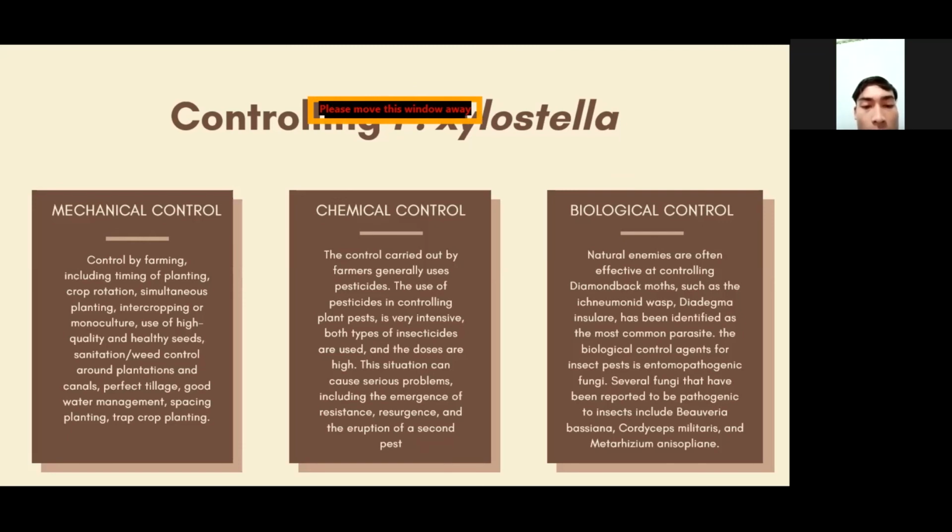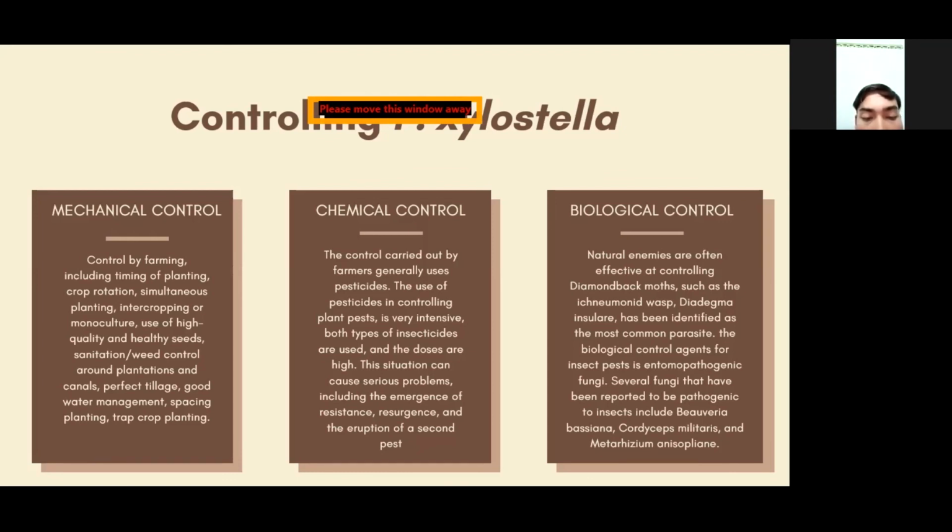Biological control. Natural enemies of the leaf pest and controlling the diamondback moth, such as Diadegma insulare, has been identified as the most common parasitoid. The biological control agents for insects also include entomopathogenic fungi.